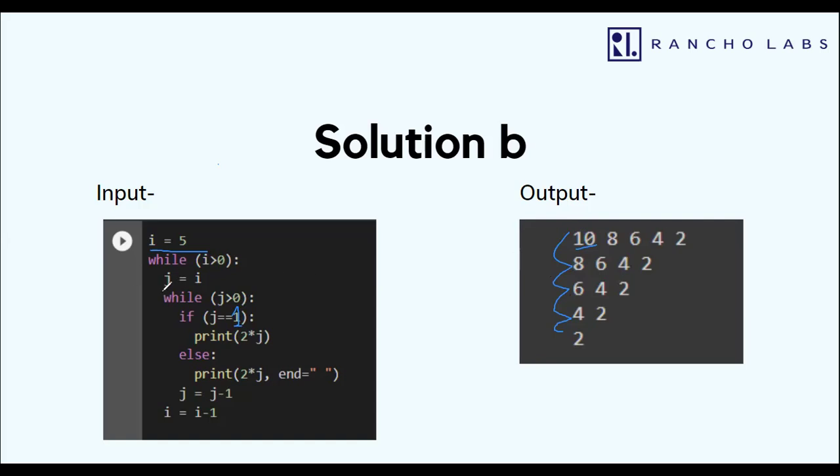So we are doing j equals i, and we are iterating up to j equals 1. So this is the condition for the while loop: j greater than 0. If j equals 1, the end should come to the next line. If j is not 1, the end should be a space.